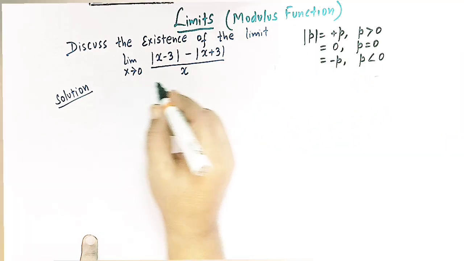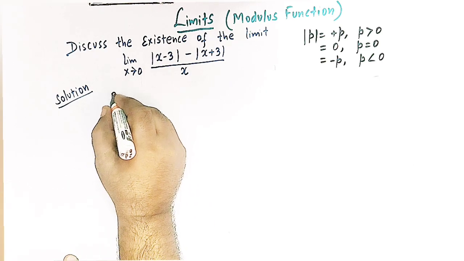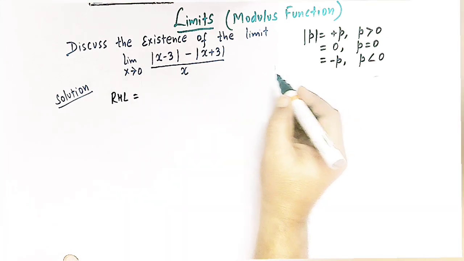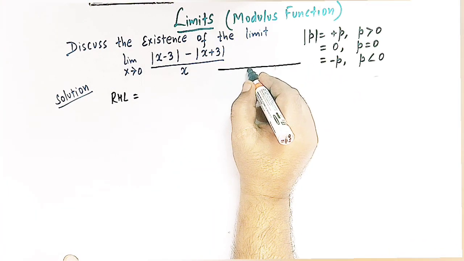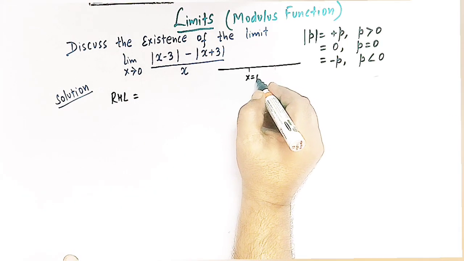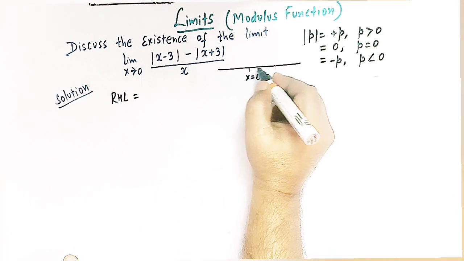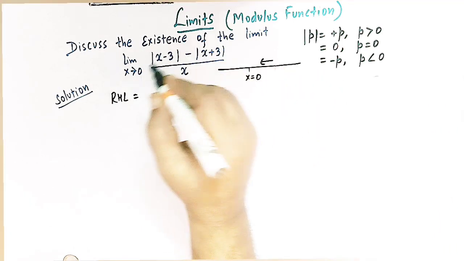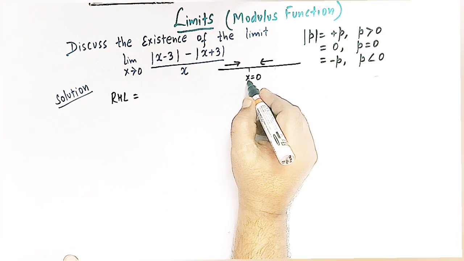So let us first find out the right hand limit. For the right hand limit, see here x tends to 0. If we draw the real number line here, and here we have the point x is equal to 0. When we find the right hand limit, we approach from the right of x is equal to 0, and when we find the left hand limit, we approach from the left of x is equal to 0.